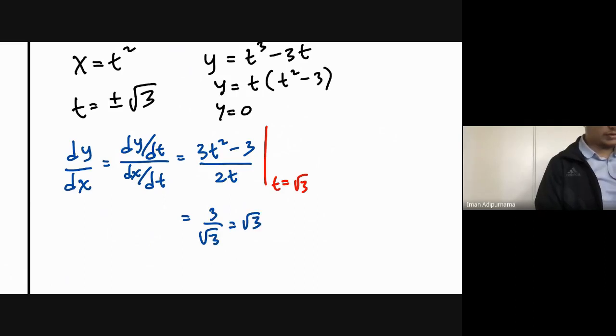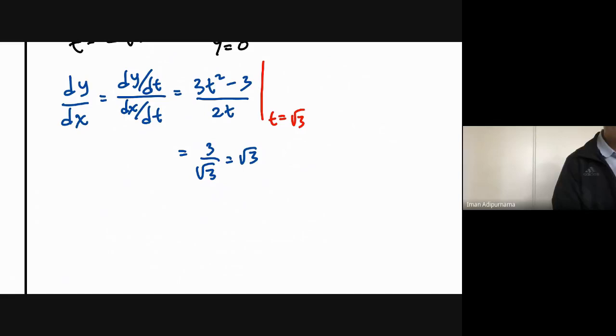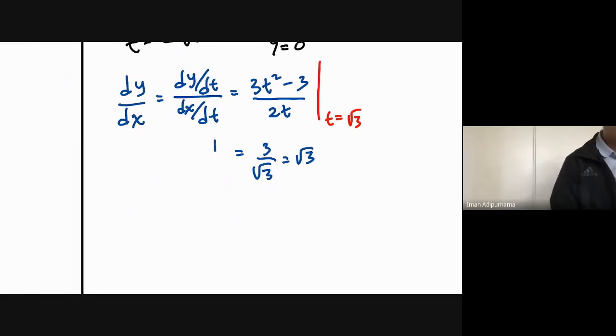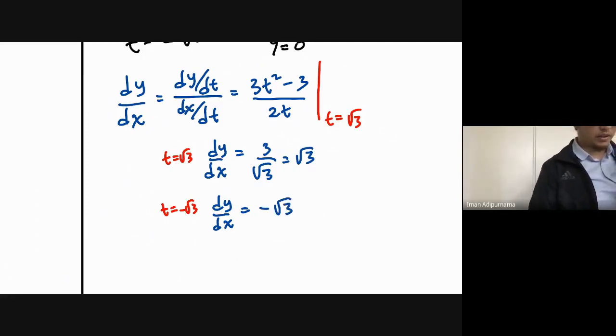This is square root of 3, right? And the other one is negative, right?